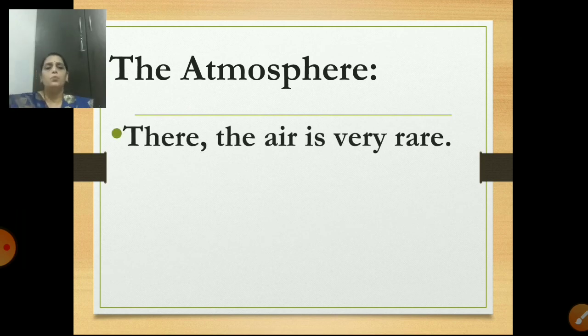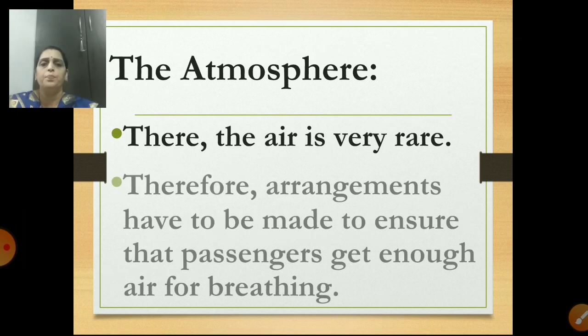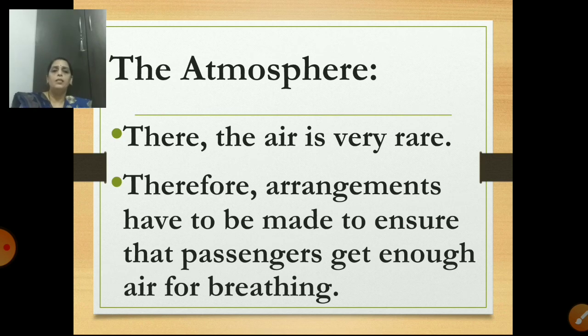Now the next. There the air is very rare. Therefore, arrangements have to be made to ensure that passengers get enough air for breathing. Yes, here students, aeroplanes fly at a higher level of the troposphere.